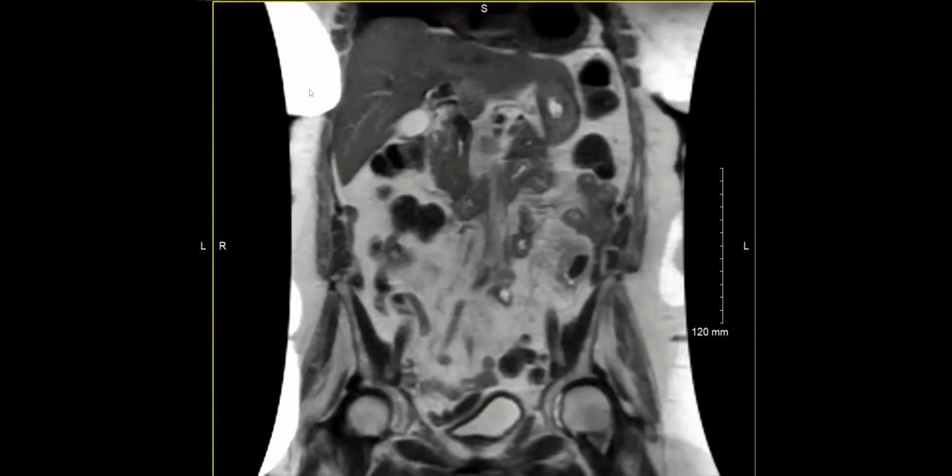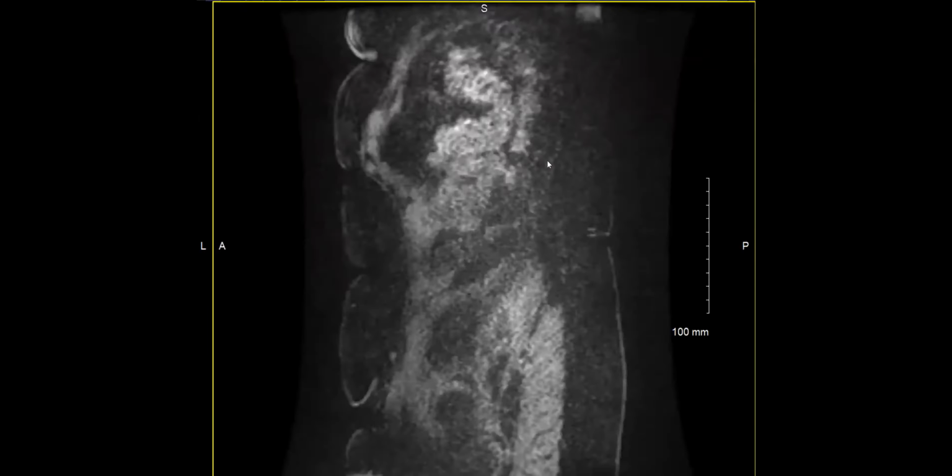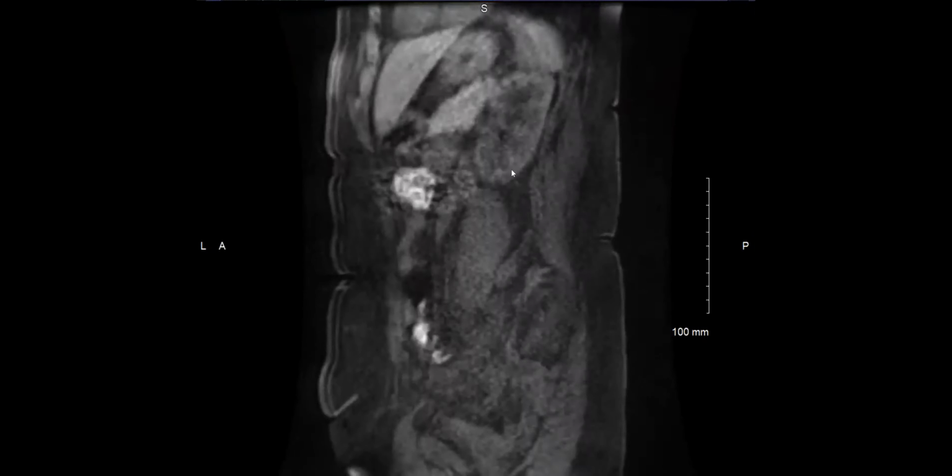Right. So this was unfortunately a urogram, which meant that we didn't have all kinds of sequences that we would necessarily want to get. But if you notice here, we were able to get some sagittal. Hold on, let me just get the sagittal.